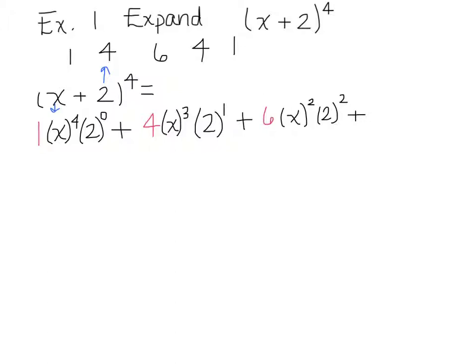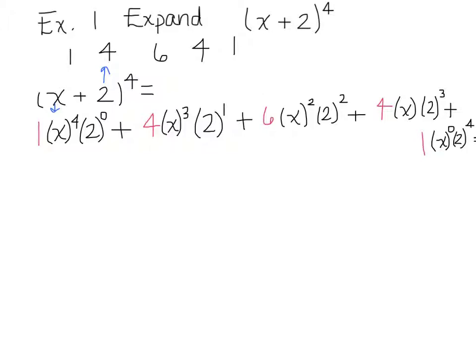And then the next coefficient is a 4. And the x will be to the 1st power, and the 2 to the 3rd power. And then the last one, which is a 1. The x will be to the 0 power, and the 2 would be to the 4th power. And once you have all of that, you just simplify it.